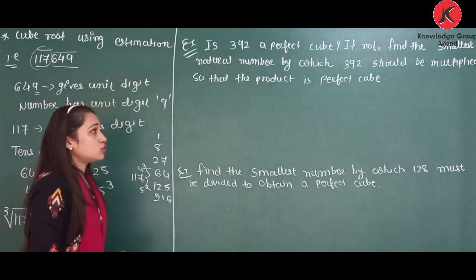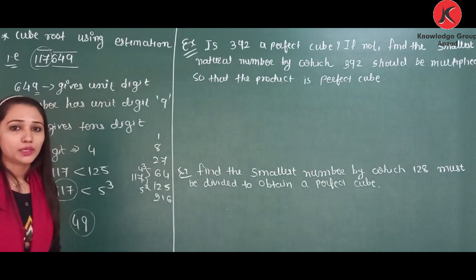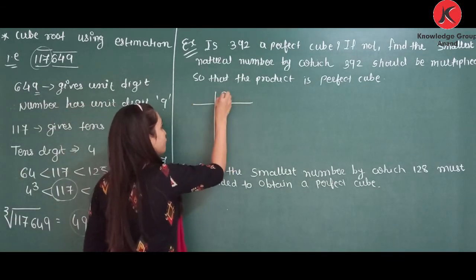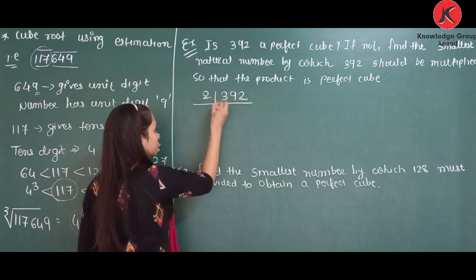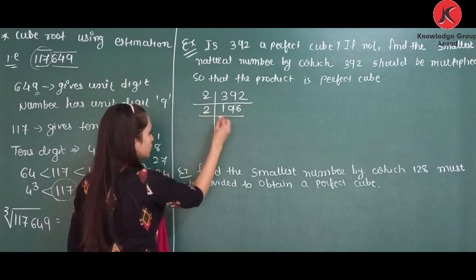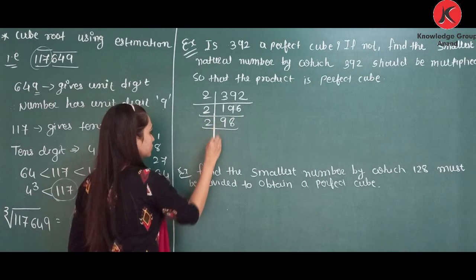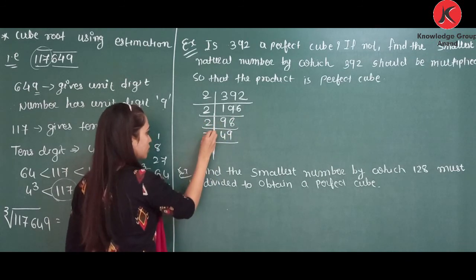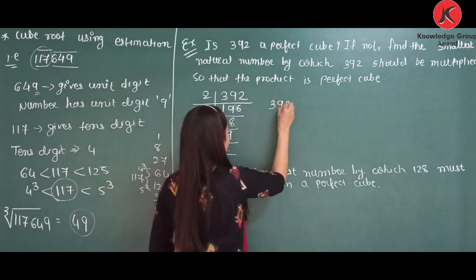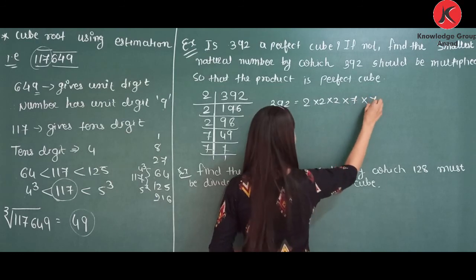So first of all, if this kind of question is there, find the factors, starting with 2. The factors of 392 are 2 multiply 2 multiply 2 multiply 7 multiply 7.